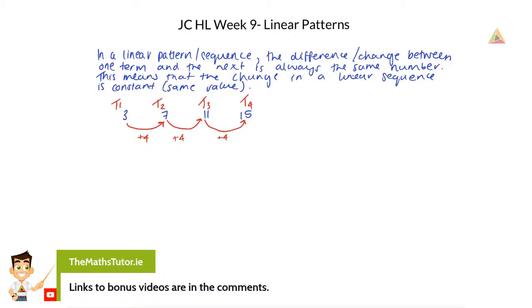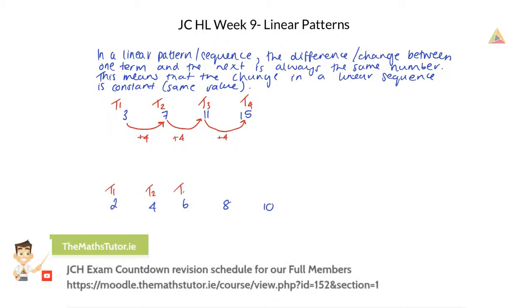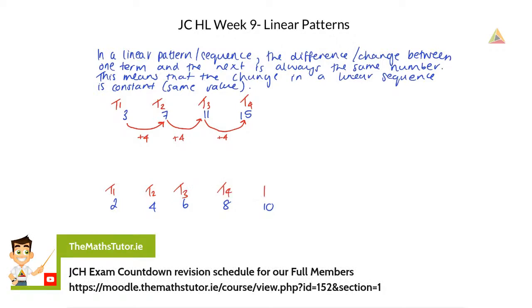Now I'm going to write out one more example of a linear sequence before we move on to some question style examples. So it's going to be 2, 4, 6, 8, 10. Now it's obvious that this is a linear sequence because you're going up in twos, but just to double check, we call that term 1, term 2, term 3, term 4, term 5.